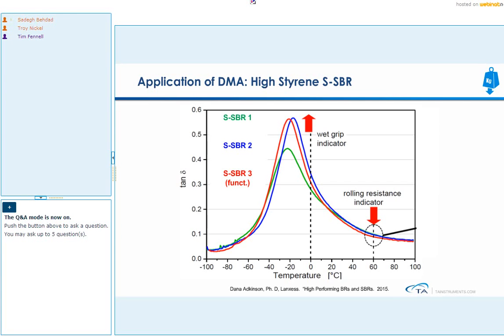A typical example is doing a temperature sweep, looking at how the Tg changes and looking at your tan delta values at 0 degrees C and 60 degrees C.